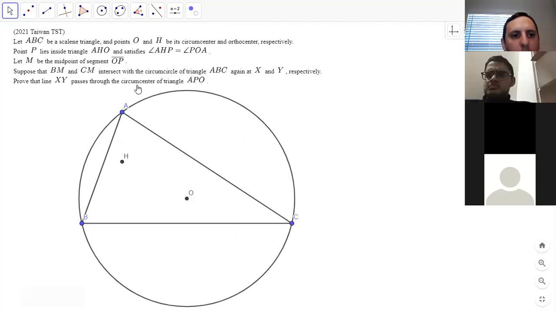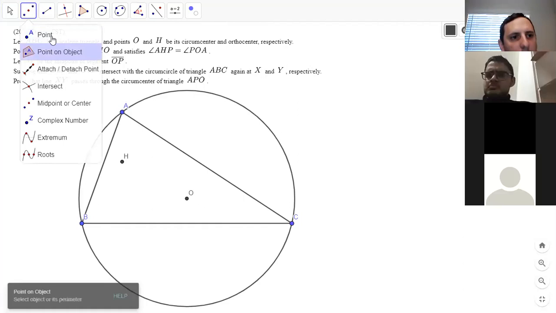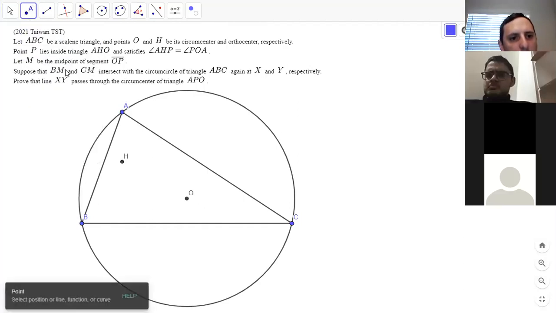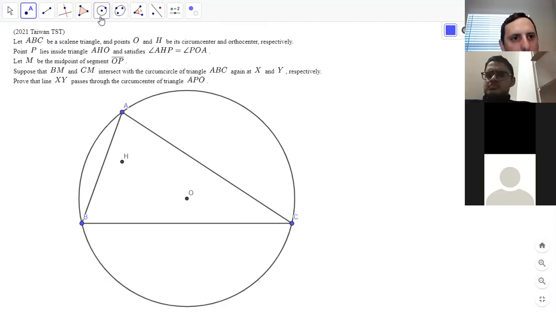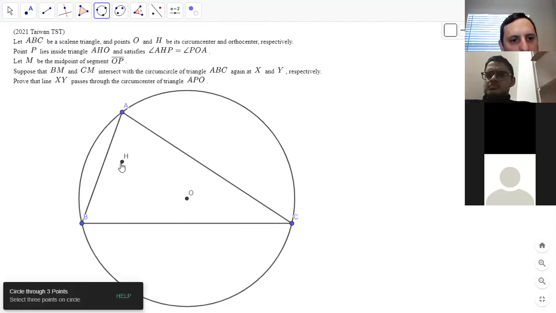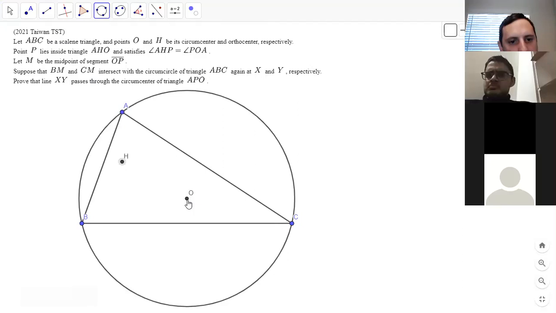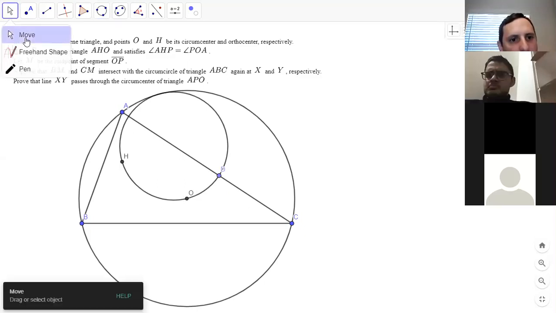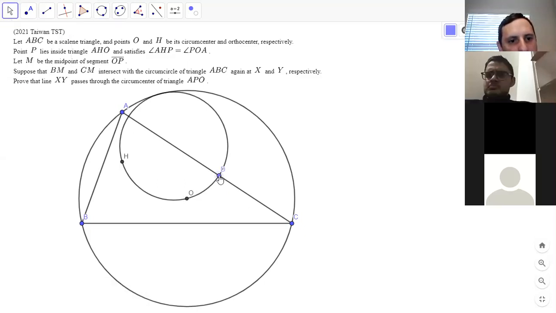Okay. So you were saying we draw a circle through H and O, just any circle I want, right? Yeah. We need to let it cut AH and AO as well.